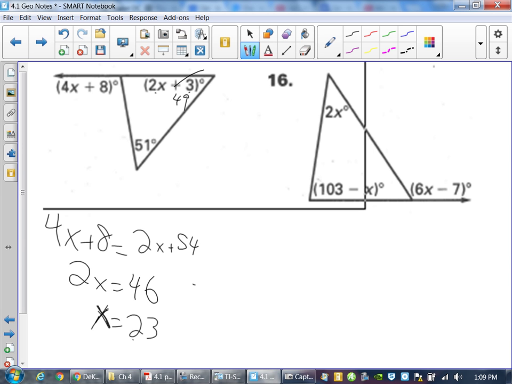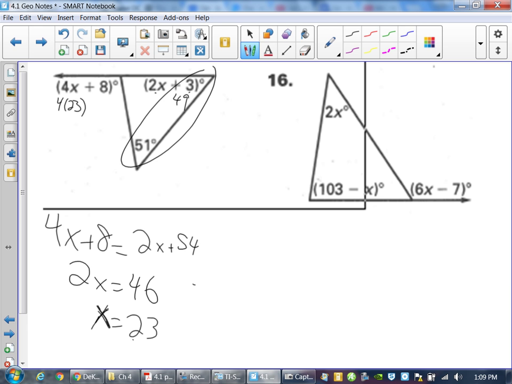So these two add up to equal 100. So this should equal 100 as well. 4 times 23. So that's 46 and 46 is 90. No, 92. Yeah, excuse me. 92 and 8 is 100. Yep. Very good.